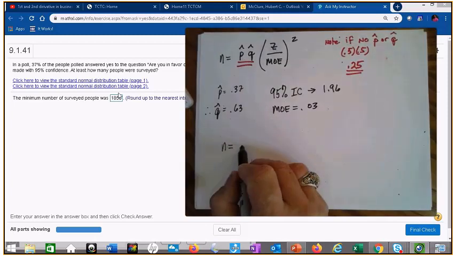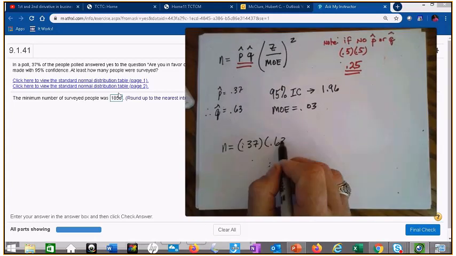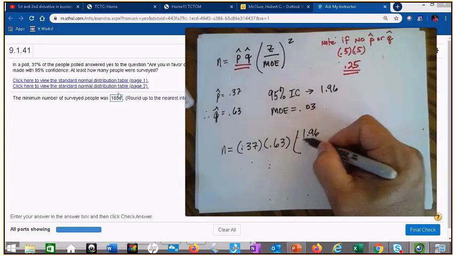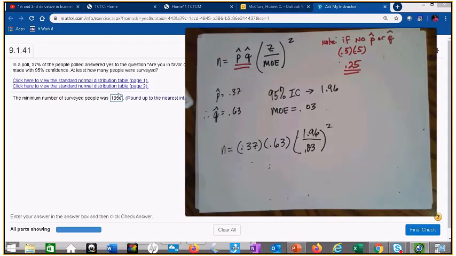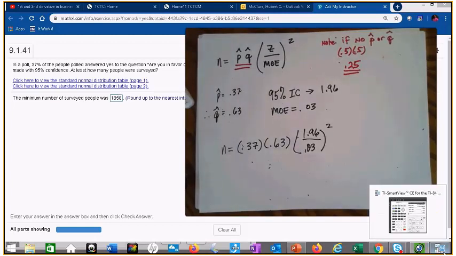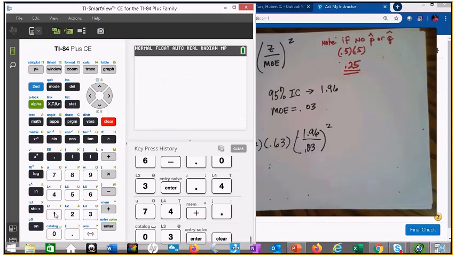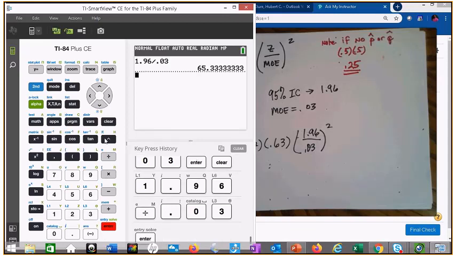N is equal to 0.37 times 0.63, parentheses 1.96 divided by 0.03 raised to the second power. And it don't get any easier than that. And yes, this is a test question. So 1.96 divided by 0.03 raised to the second power.